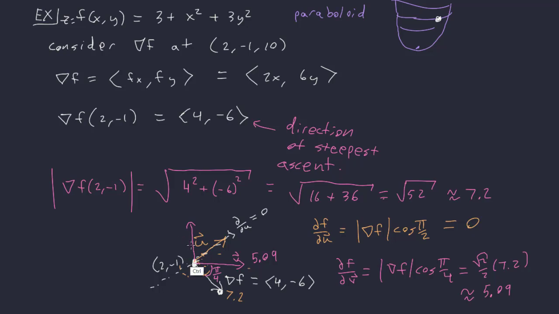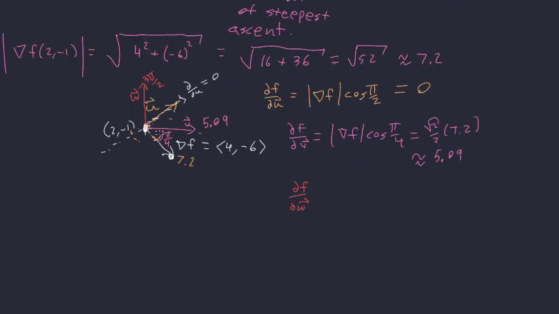So let's actually do that in red. So this will be the directional derivative of f in the direction of W, and so it will be the magnitude of the gradient times cosine of 3 pi over, not 2, sorry, 4.